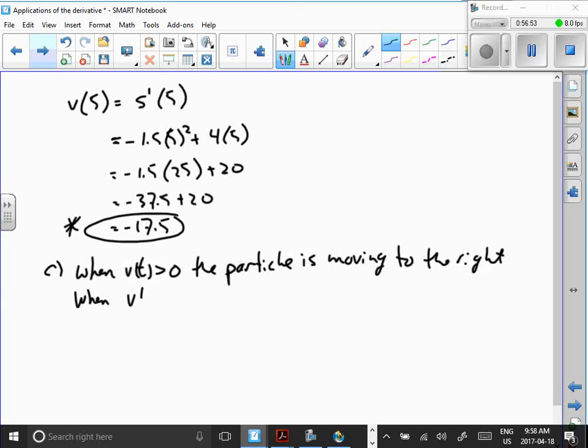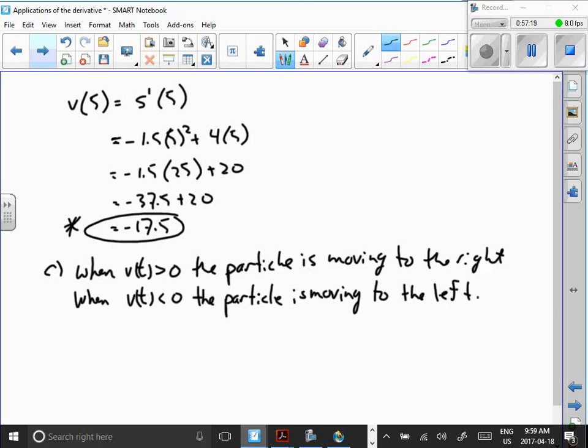When V at t is less than 0, which way is the particle moving? To the left. So when V at t is less than 0, the particle is moving to the left.